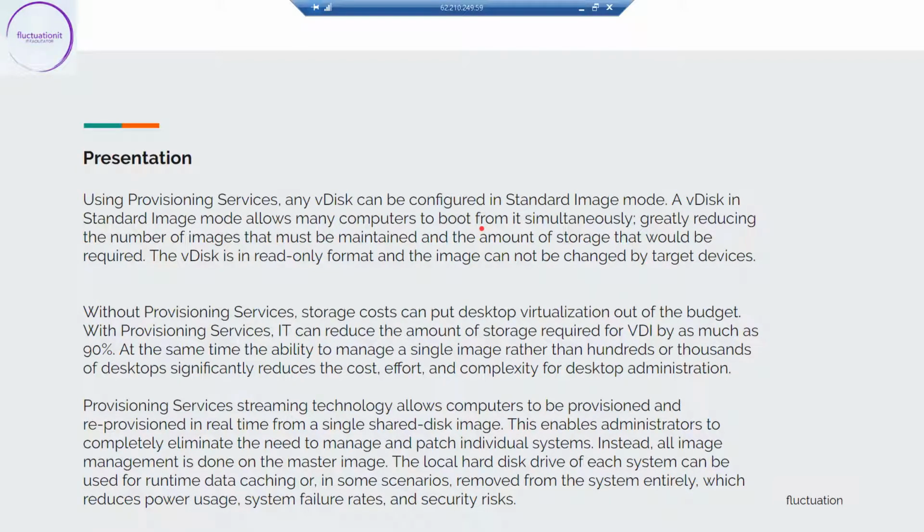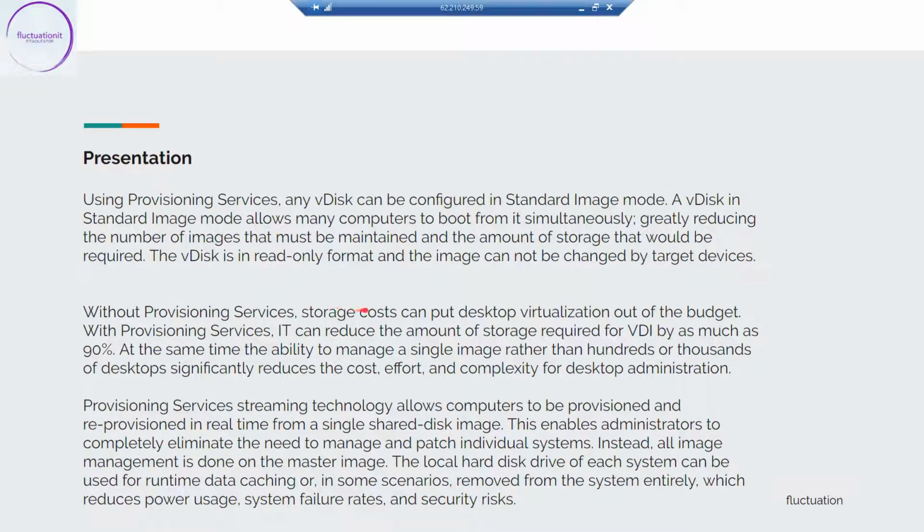Of course, storage is very expensive today, so a company prefers to really manage its storage rather than add new storage. This is the best practice. The vDisk is a read-only format, and the image cannot be changed by target devices. We'll see after that we have, of course, some cache.